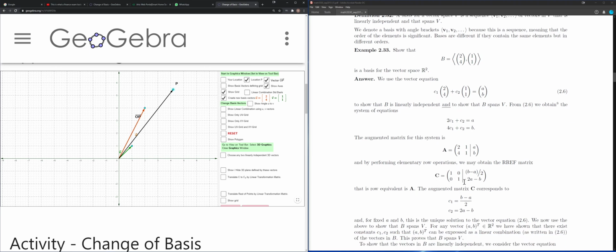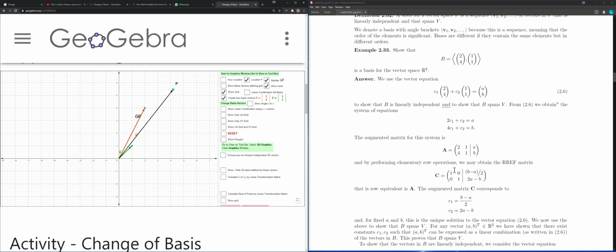And when you apply Gauss-Jordan to this, you're going to get an RREF, which is this RREF over here. And notice the right-hand side over here is in terms of A and B, because when you add and subtract your rows, you're going to get these components here in terms of A and B, right?